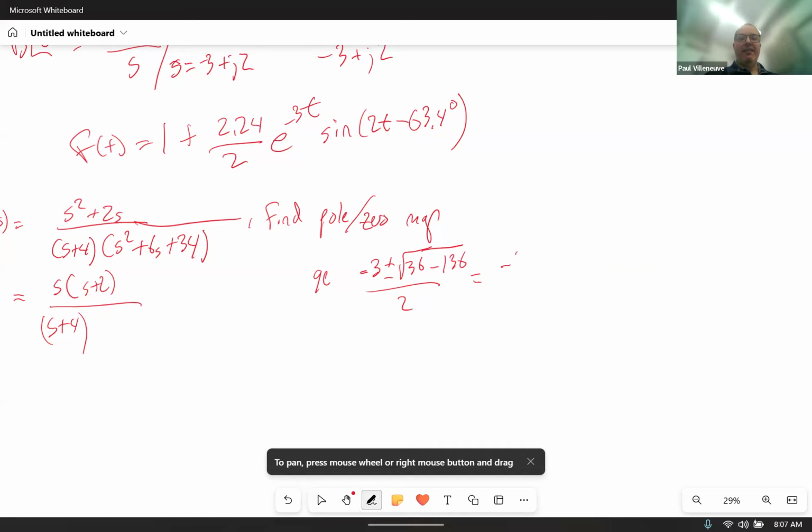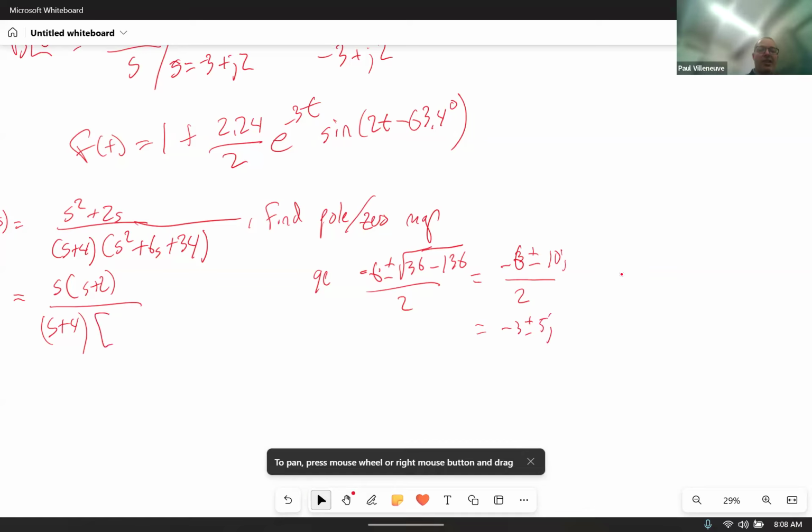So that's negative 3 plus or minus, not negative 3. Why did I say negative 3? It's 6, right? So it's negative 6 plus or minus the square root of negative 100, which is 10j, all over 2, which is negative 3 plus or minus 5j.